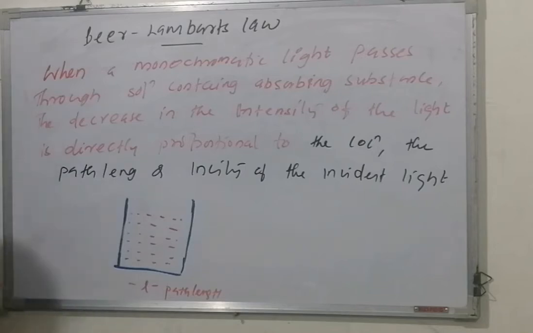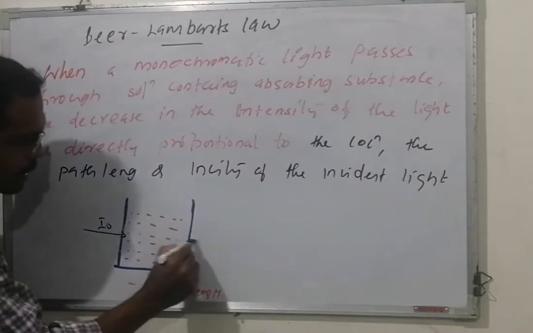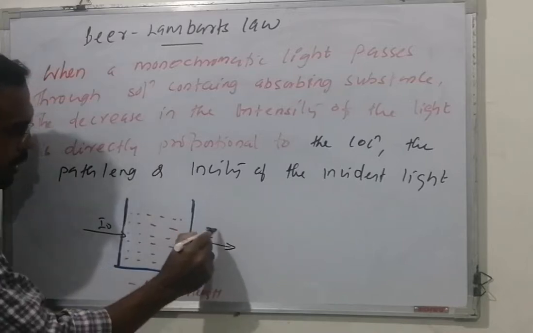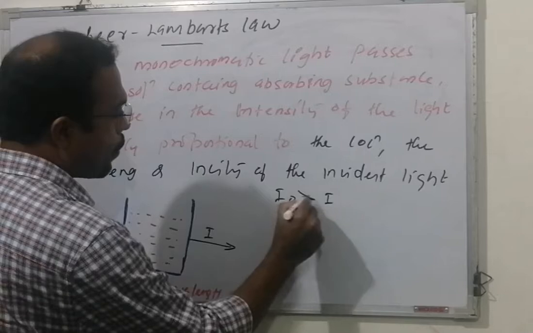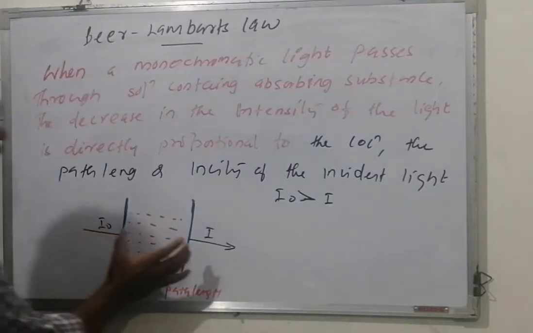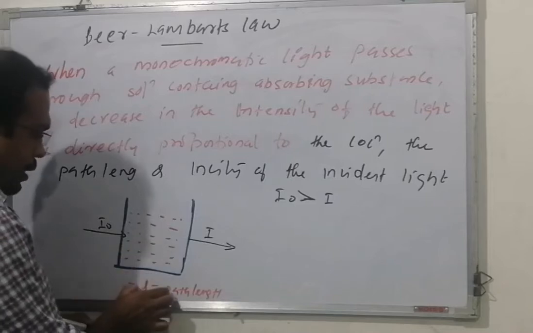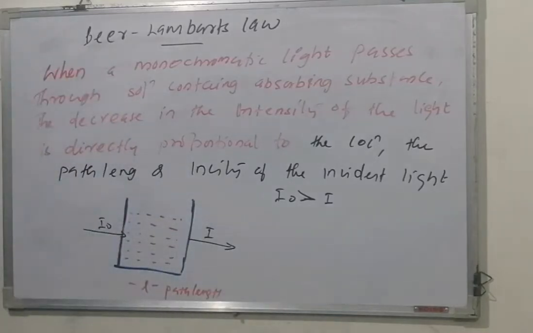Now you have a radiation with intensity I0 and it gets transmitted as I, where I0 is greater than I. The decrease in intensity depends upon the path length, concentration, and the intensity of the incident light.